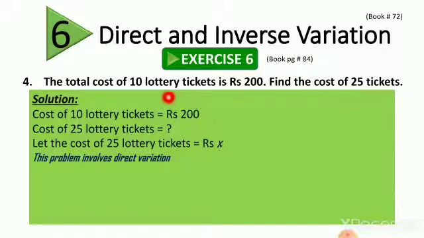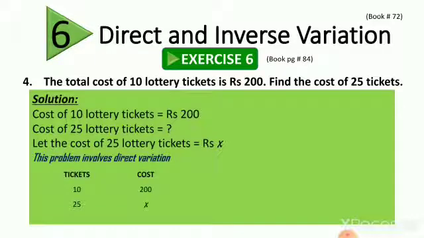As you know, first the cost was given for 10 lottery tickets, and now we have to find it for 25 tickets. So the number of lottery tickets increased from 10 to 25. So if the number of lottery tickets increased, obviously the cost will also increase. That's why we have said that it involves direct variation. Okay.